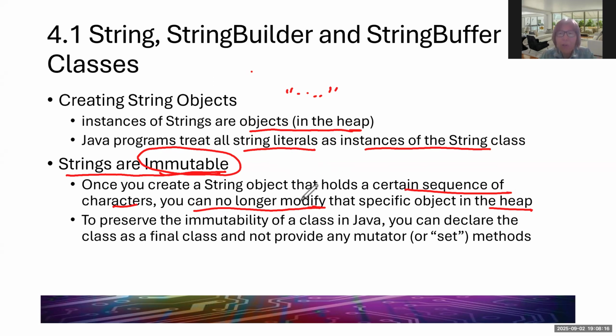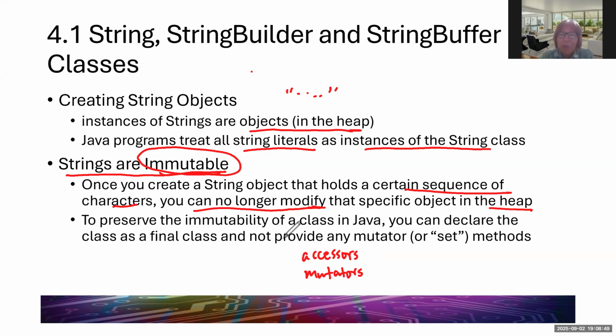If you recall, generally speaking, in a user-defined class we have two types of methods: accessors, which are used to retrieve the instance variable values, and mutators, which are used to modify the instance variables.